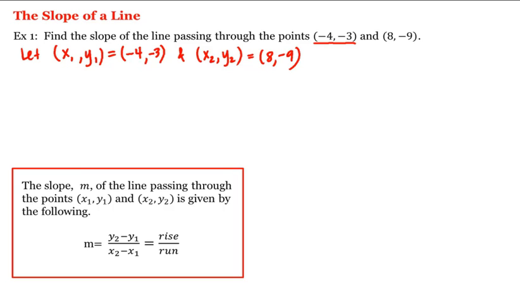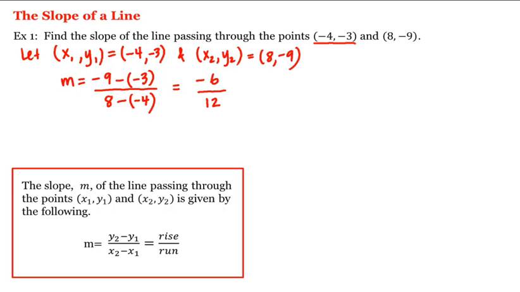So by this formula, we have m, the slope, is equal to y2, which is -9 here, minus y1, so minus a -3, be careful, divided by x2, which is 8, minus x1, which is -4, which is equal to -9 plus 3 is -6, divided by 8 minus a -4 is 12.